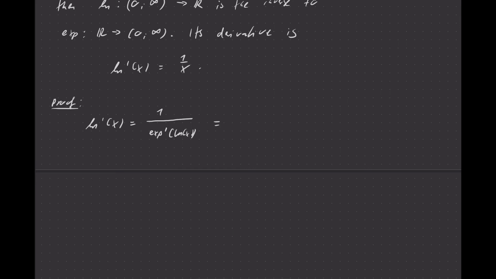Now, knowing that the derivative of exp is the function itself, this is the same as 1 over the exponential function at ln x, and of course, as the exponential function and the ln are inverse functions, that means exp of ln x is just x once again. So this is how you get this result very quickly once you have the strong theorems in place that we've discussed.